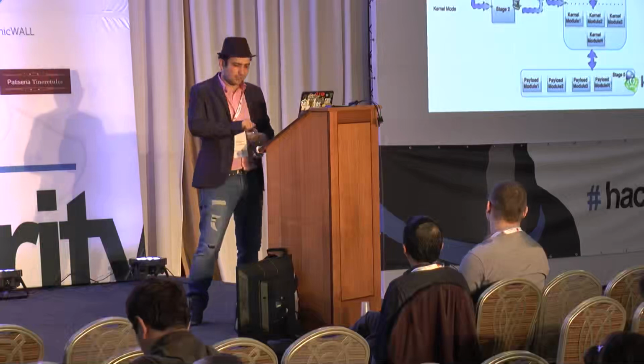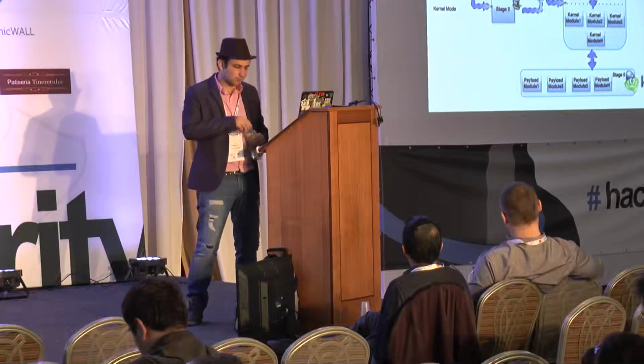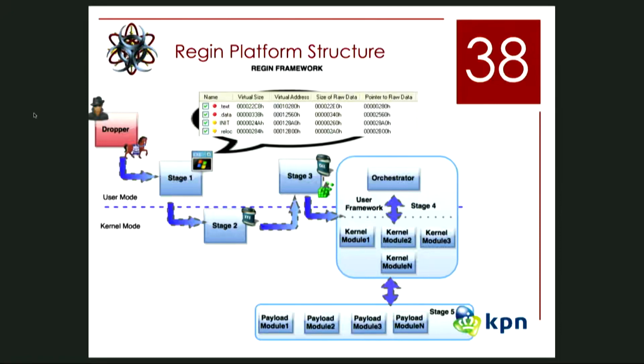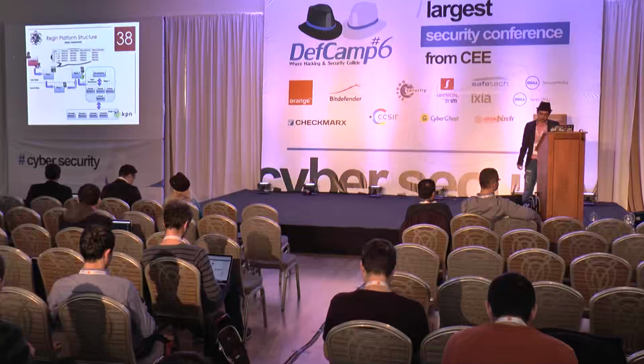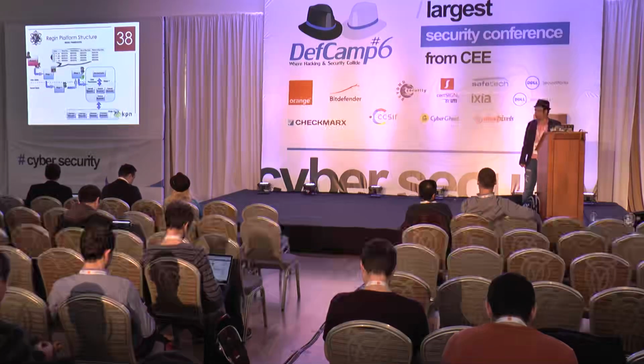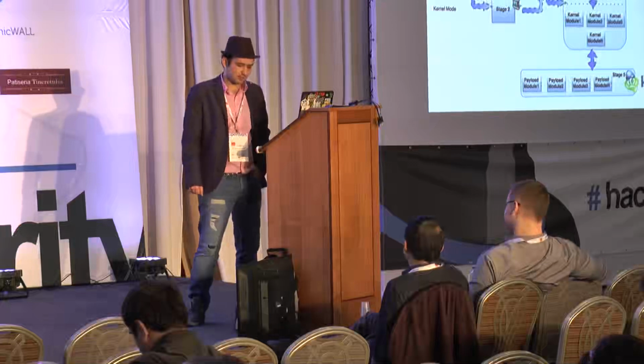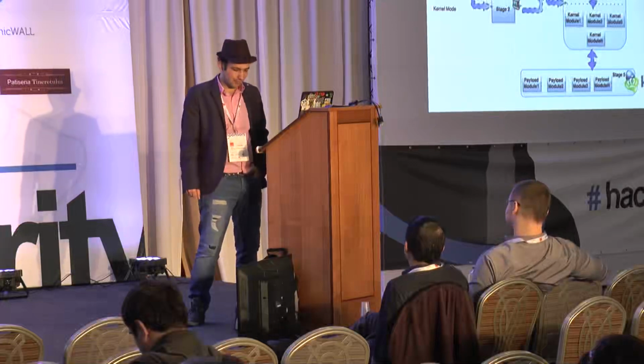Regin is a very complex multi-platform rootkit framework that consisted of a dropper module and multi-stage user and kernel level components. Each level seemed to be responsible for decrypting and loading modules into memory and executing them. The most interesting feature of the Regin platform was that it used an orchestrator that was very new to the researchers until the discovery.